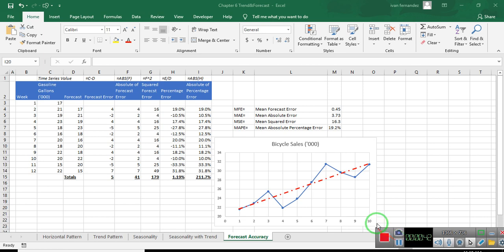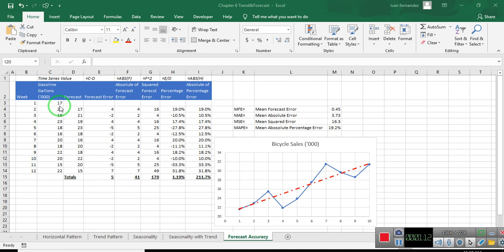So we go back to the example with the gasoline sales. We have 12 weeks, 12 observations here, and we want to forecast next week, next month, next year, in this case, next week. We're going to apply what we call the naive forecast method, which is pretty simple, doesn't require much. Mathematically, it's pretty simple.